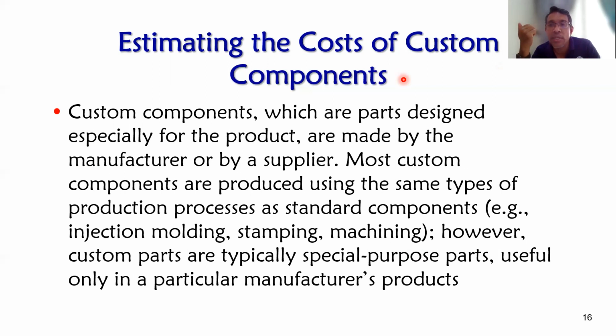The custom components, which are part designs especially for the product, are made by the manufacturer or by the suppliers. Most custom components are produced using the same type of production process as a standard component.